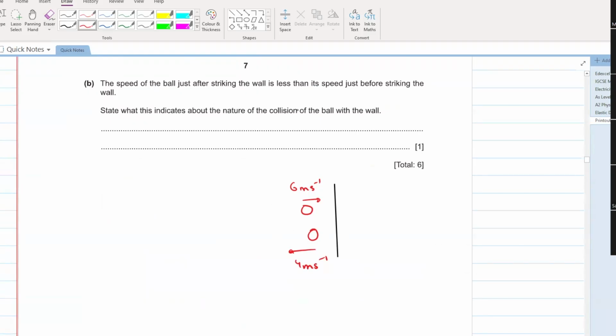What does this tell us about the nature of the collision? The collision is inelastic because there is loss of energy. Simple, you can just write it here. Let's move ahead.